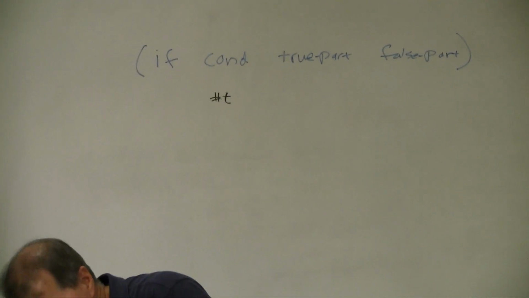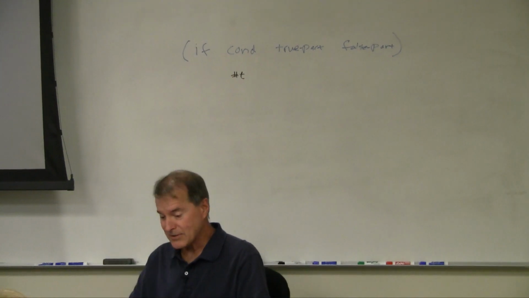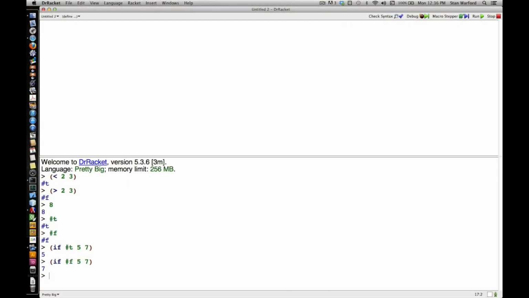Okay, now, is everybody with us so far? All right. So now let's go back to the demo mode. Of course, you hardly ever use an if by itself on the command line. So what we'll do now is write our first function that has an if statement in it.